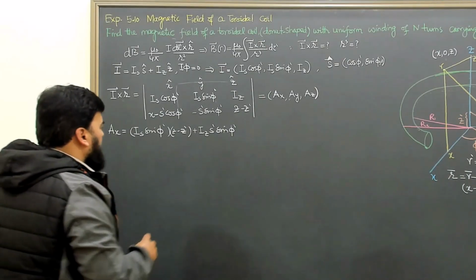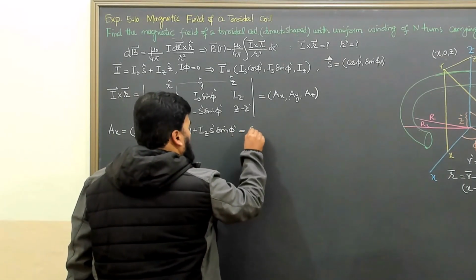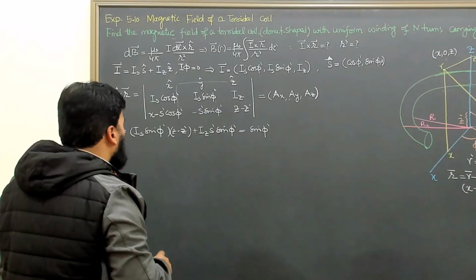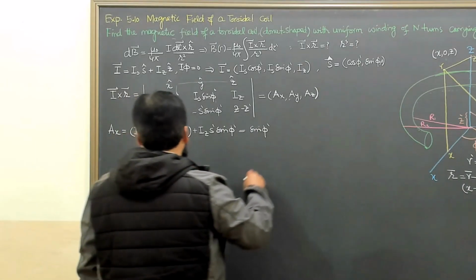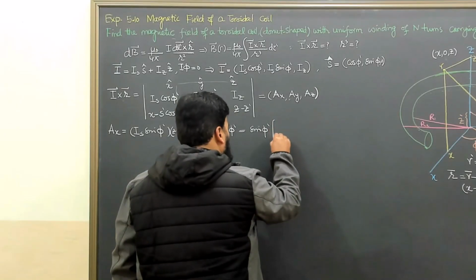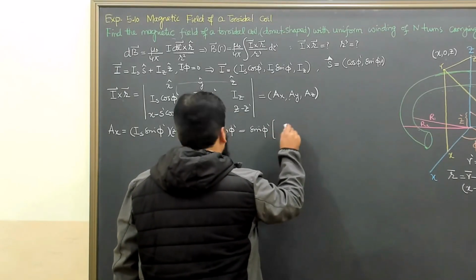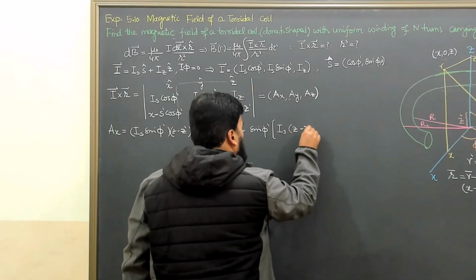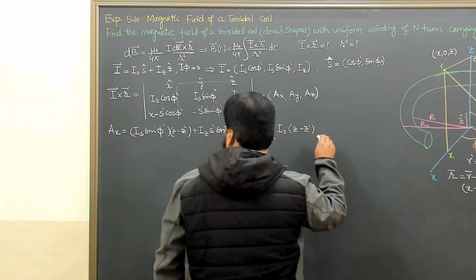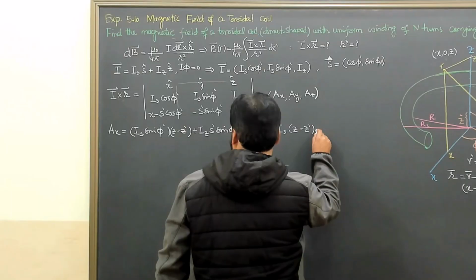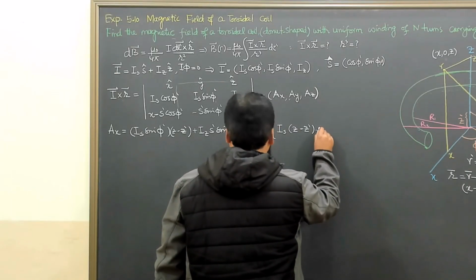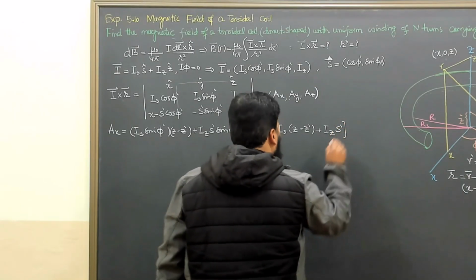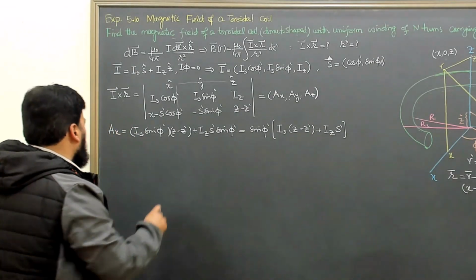If I look at this one, I can take sine phi prime common from here, and then we have IS multiplied with z minus z prime, and with IZ here, plus IZ and S prime. So we have the value of AX like this.